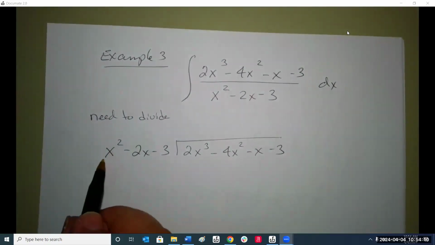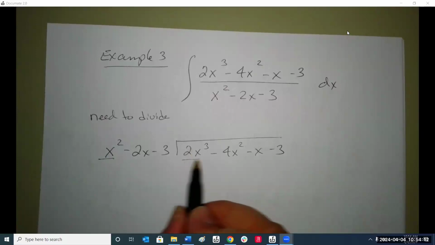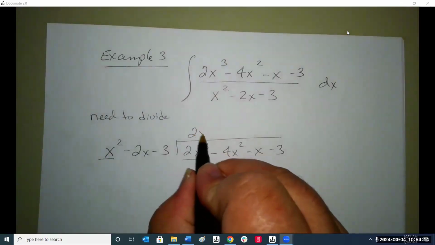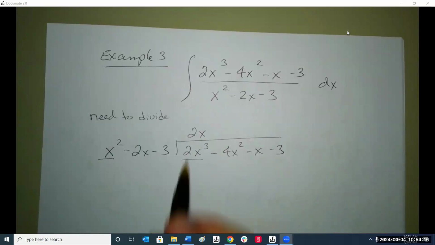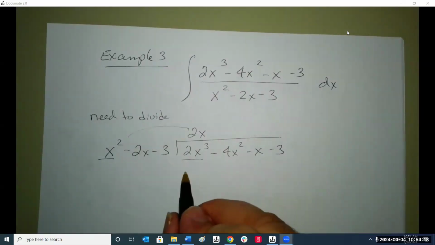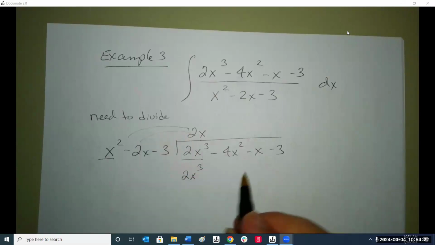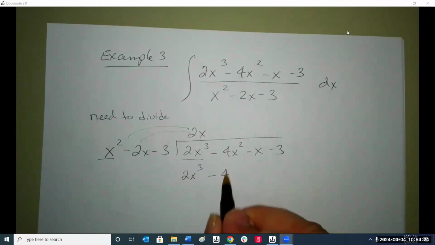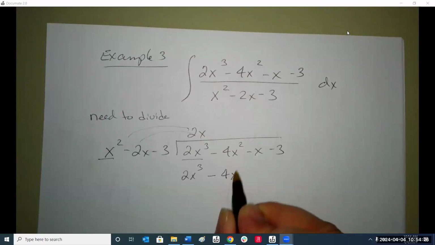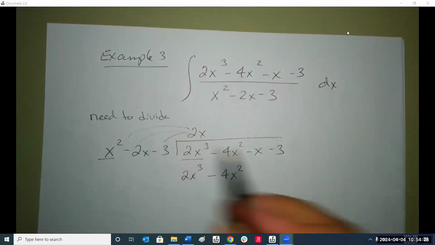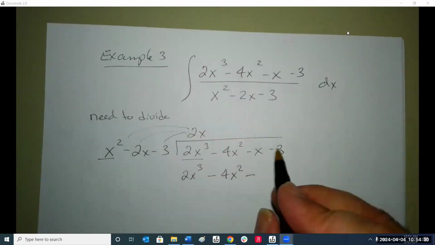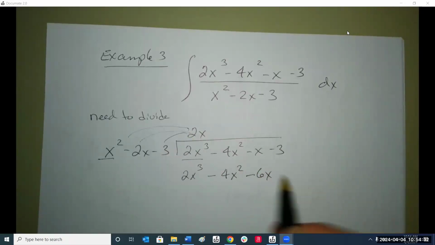Only look at the leading terms. So what times x squared gives me 2x cubed? 2x. So 2x times x squared is 2x cubed. Positive times negative is negative, 2 times 2 is 4, x times x is x squared. Negative 2 times 3 is 6x.